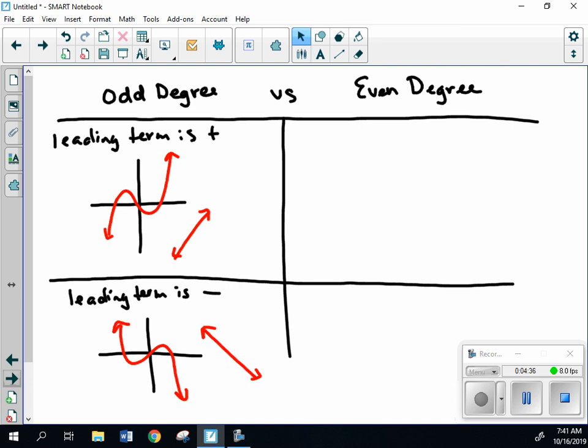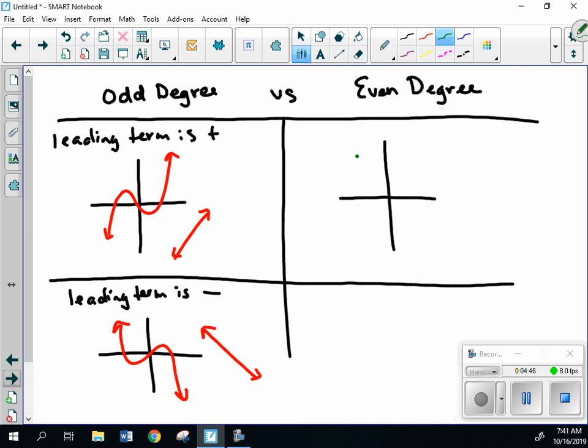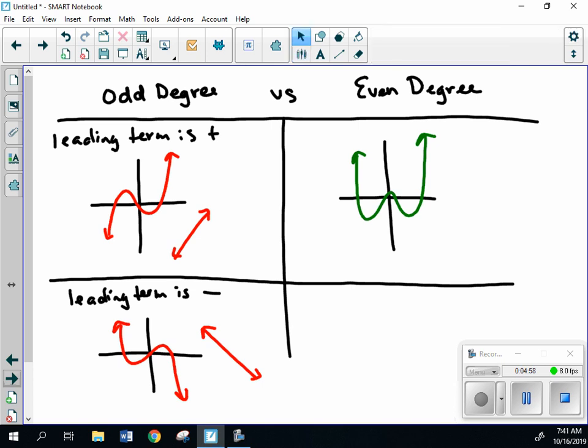Okay. Now, let's look at our even degree. If we have our leading term is positive, we are going to have something in the form where both arrows are going in the same direction because it's an even, but because our leading term is positive, it's going in the up direction, which makes sense.